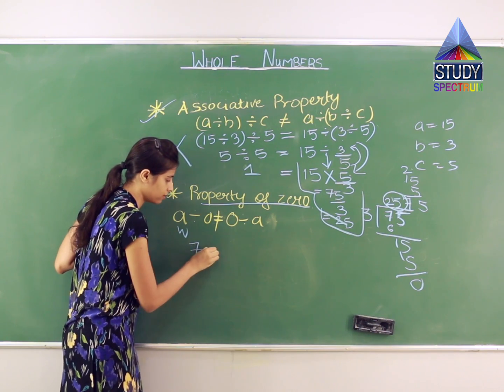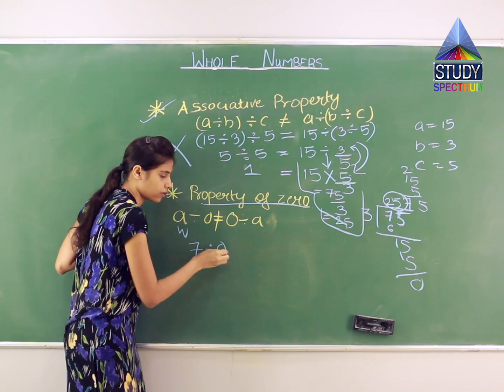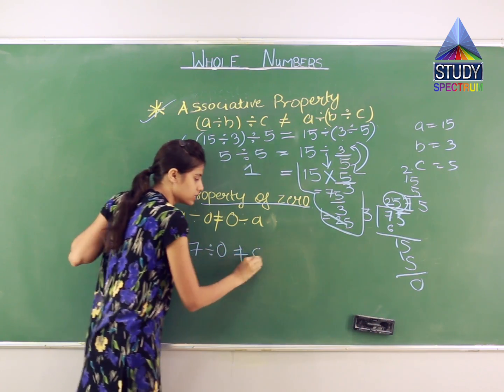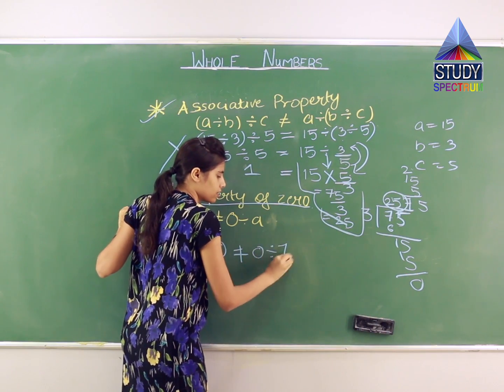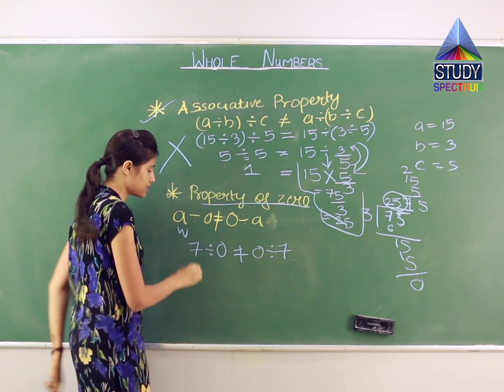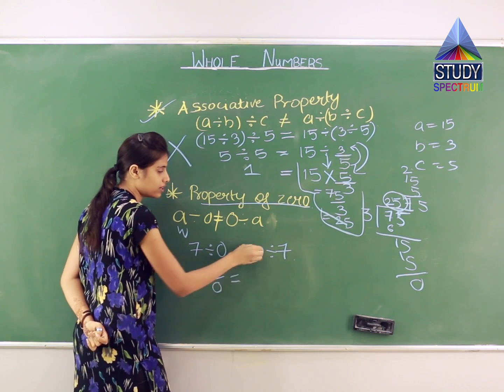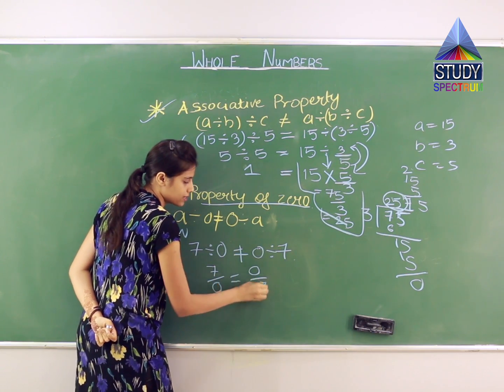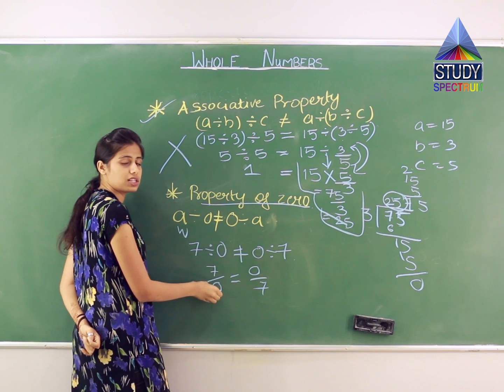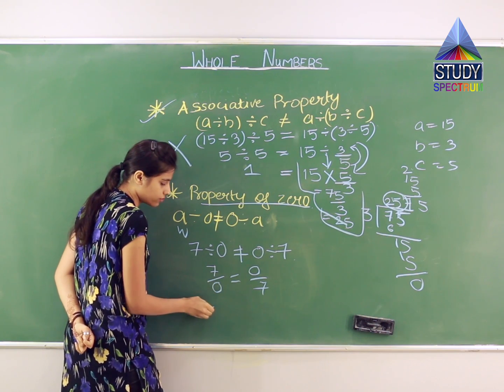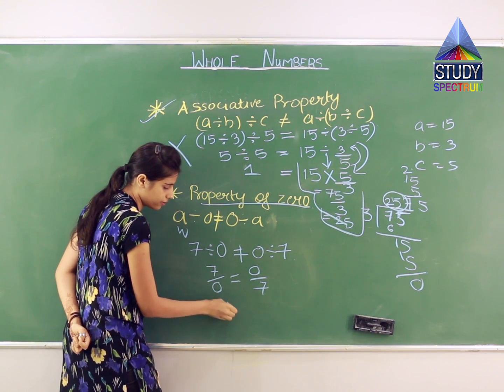So 7 divided by 0 is not equal to 0 divided by 7. Is this right? इसको कैसे लिखेंगे? 7 upon 0. And how will I write this? 0 divided by 7. The answer for this will be what? The answer of this will be not defined.